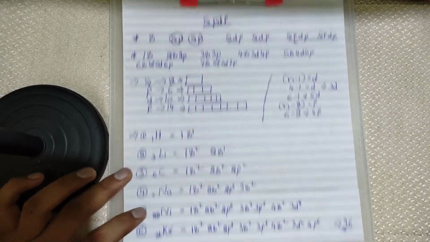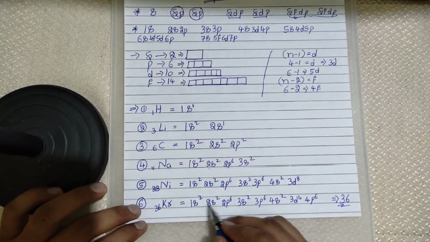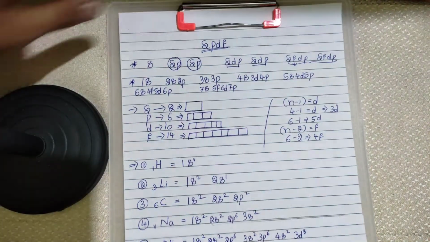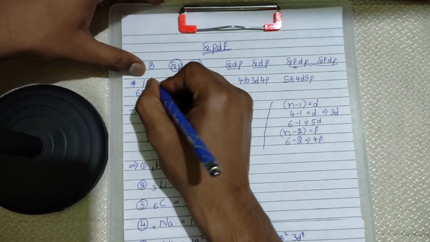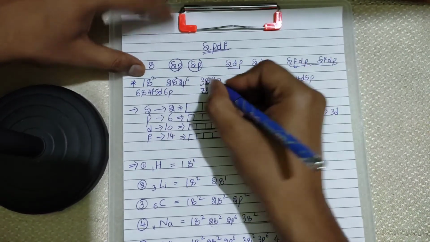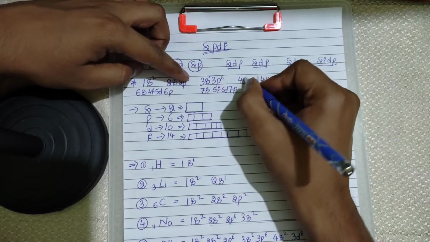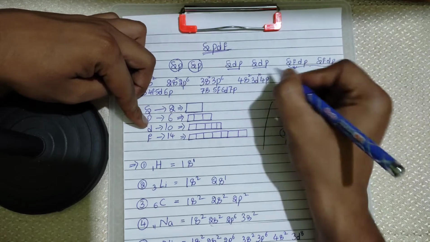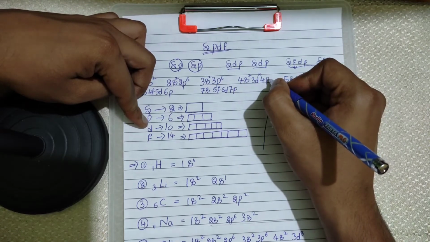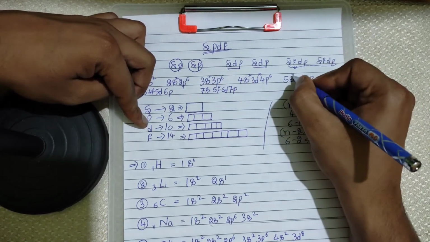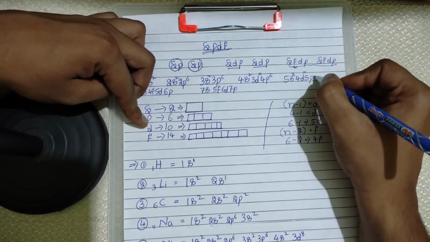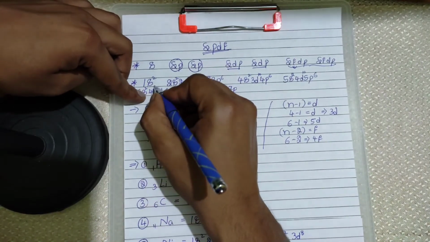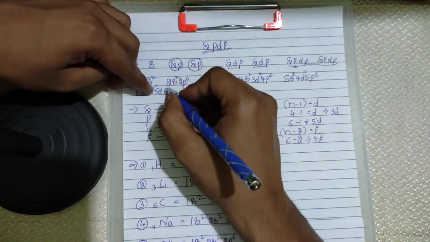Now tell me one thing. If I give you any element, can't you write it by seeing this? Even if you fill, in the s orbital how much can we fill? 2. In p, how much? 6. S is 2, d is 10, p is 6, then s 2, f is 14, 14 electrons we can fill in this orbital.